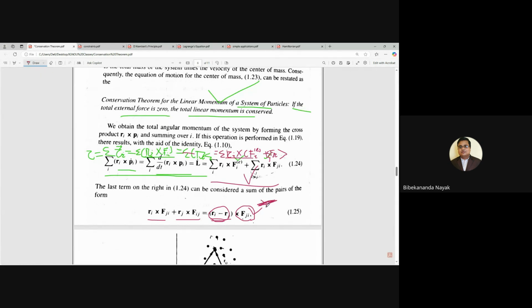So the directions of both are the same, and the angle between them is 0. Since this is a cross product, an angle of 0 means it vanishes.